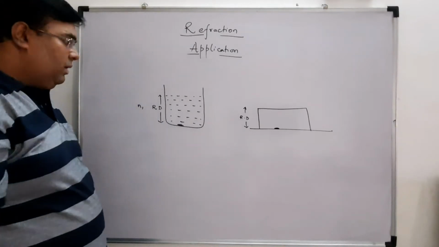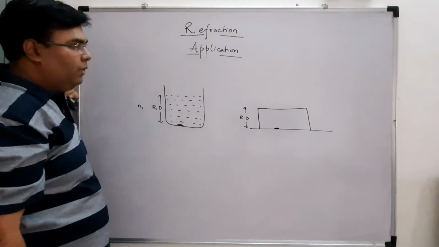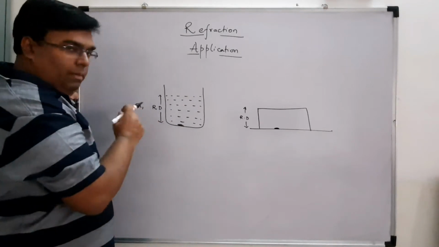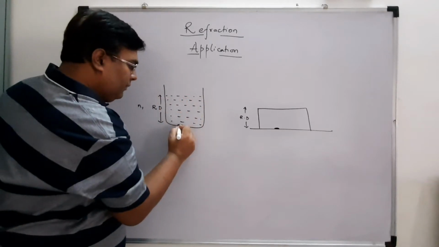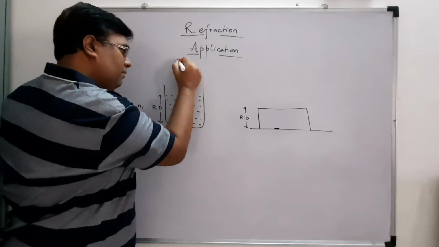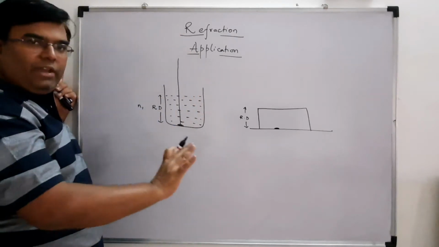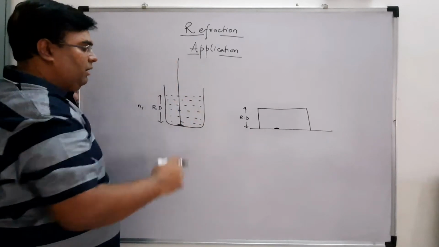Now what happens? We will be watching this coin from above. To get an image of this coin, one ray will travel along the normal and go undeviated, right? This is my denser medium and this is my rarer medium.